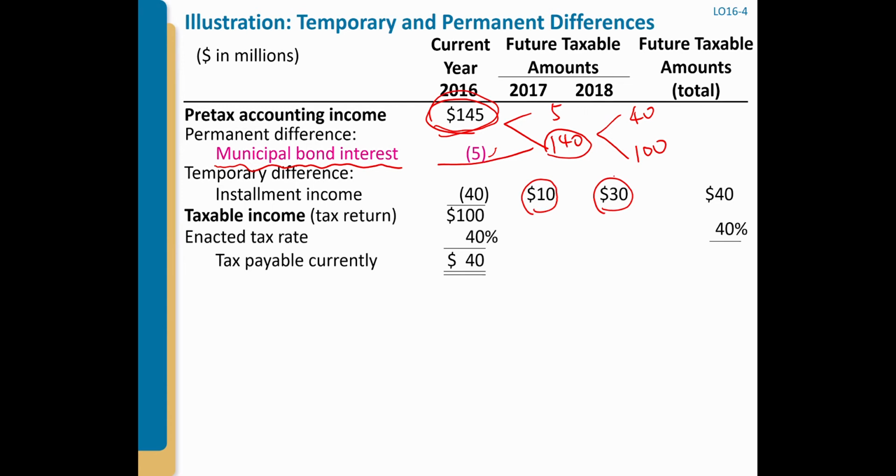Those are the times we need to pay tax. So from this situation you can see we have two kinds of differences. One is permanent, one is temporary. And that's why 100 should be the taxable income. Does that make sense, everyone? How to get the taxable income?